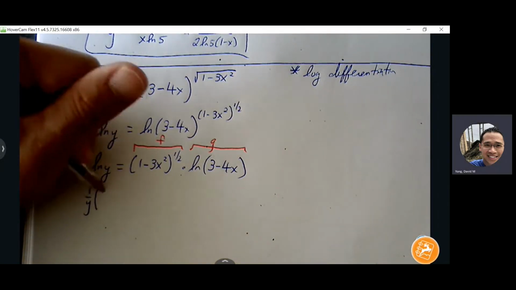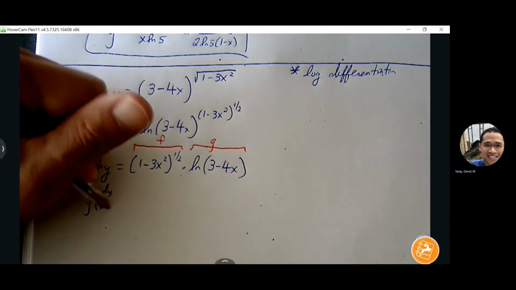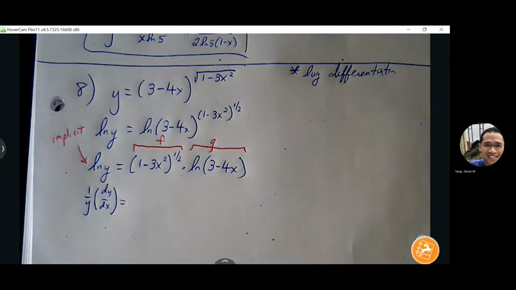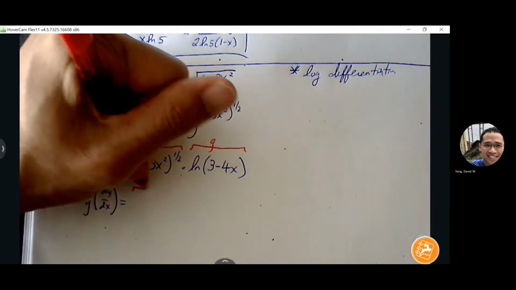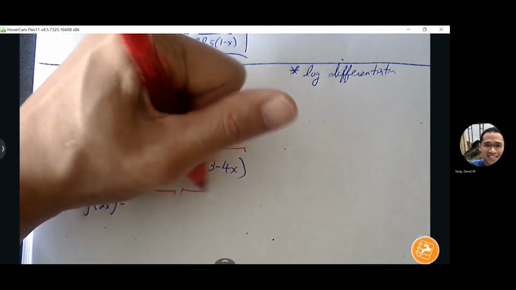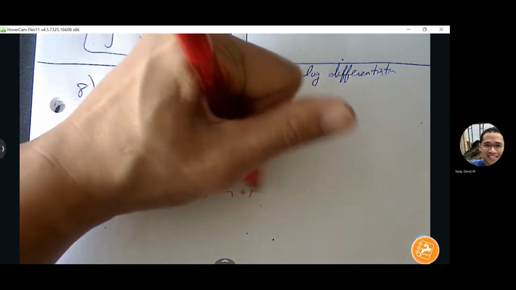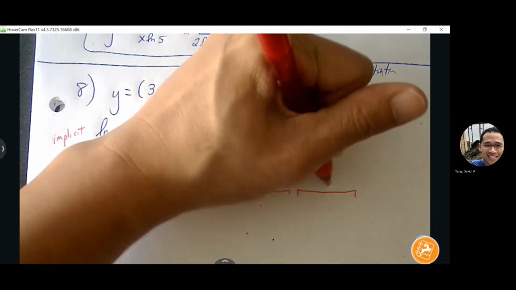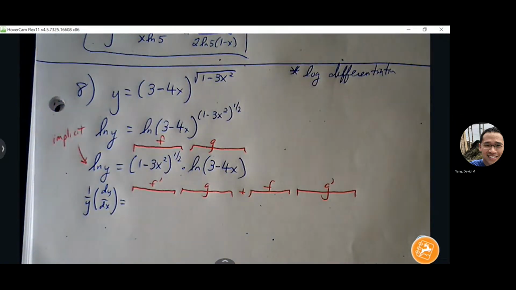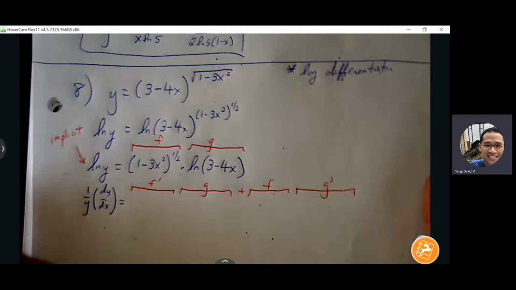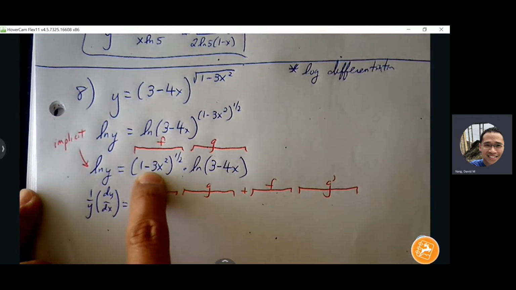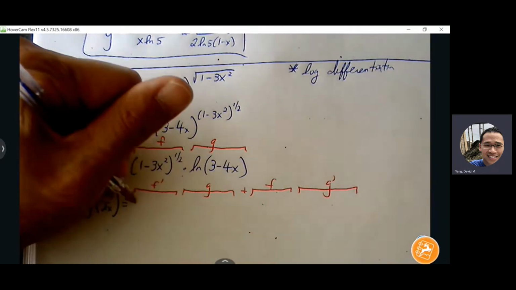Okay, derivative: 1 over y dy dx. Okay, f prime, this is where chain rule has to occur, right? Outside's derivative times inside's derivative.